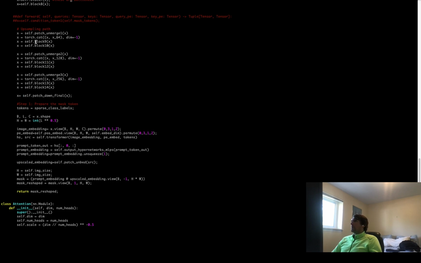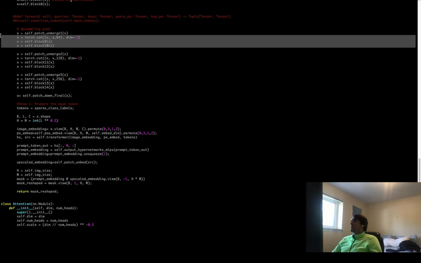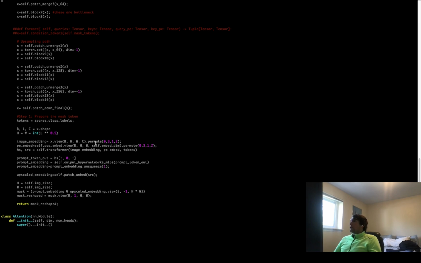To me, it feels like it would work much better if we did some sort of attention layer that was conditioned on the prompt encoding at every layer of the decoder, because we're upsampling. It's basically a UNet.